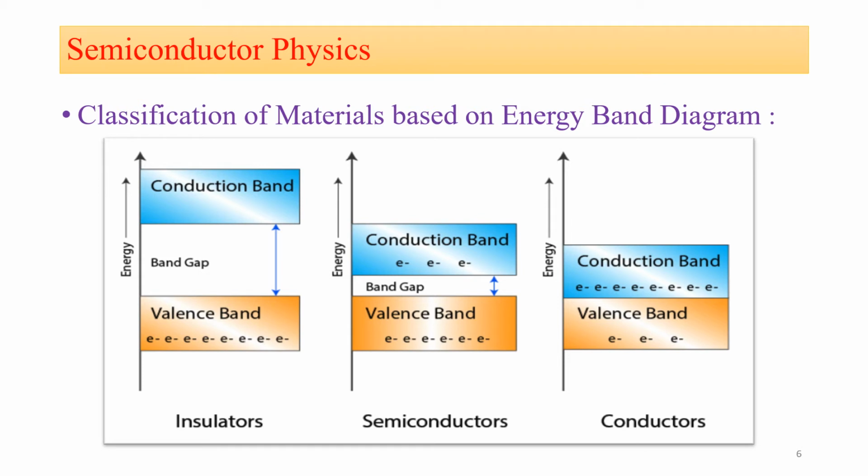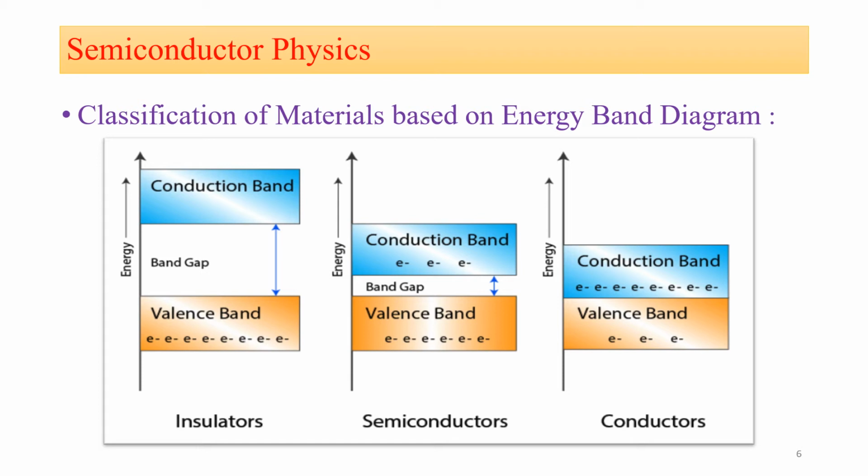In short, both the bands, that is conduction band and valence band, overlap with each other. Means the forbidden gap for the conductors is equal to 0. Due to this, the conductors are good conductors of electricity. Copper, aluminum, and silver are examples of the conductors.